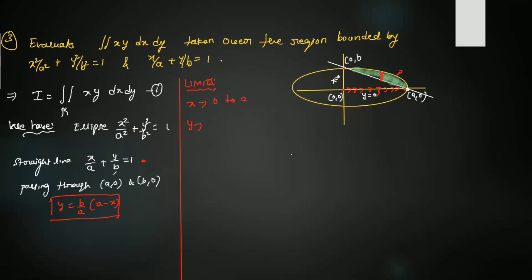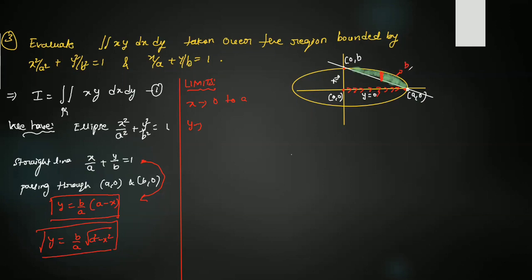Because I want the y equation, this equation can be rewritten as, keep y as it is, 1 minus x by a and b multiplied here. And we have already written y is equal to b by a square root of a square minus x square in the previous problem. So y varies from this straight line to this curve.